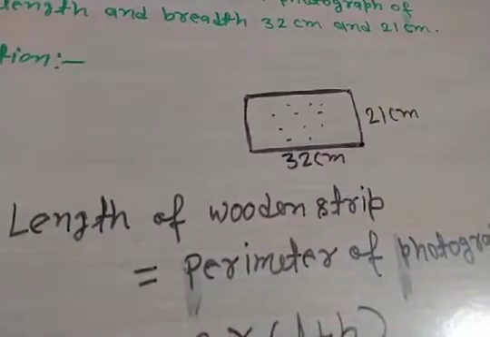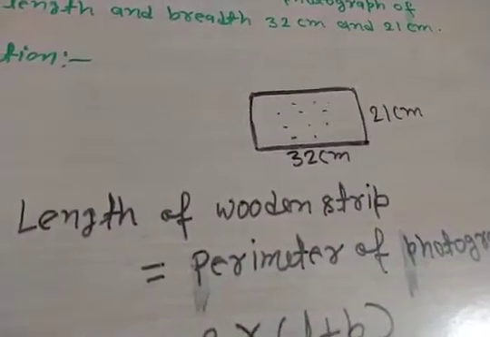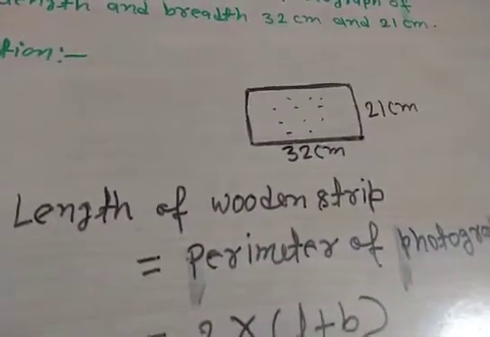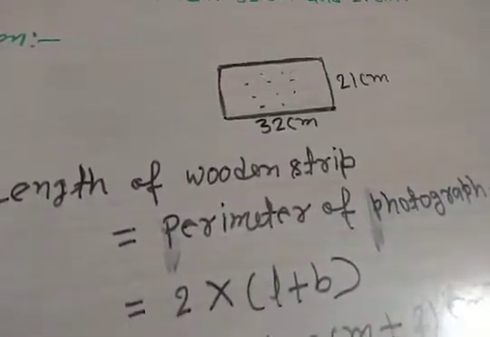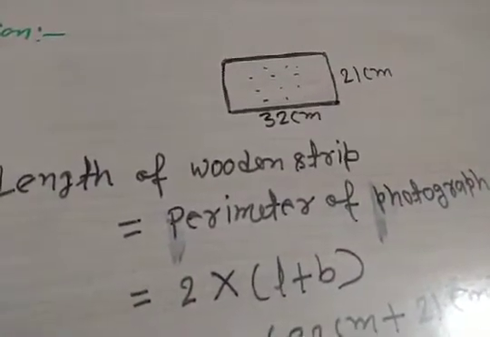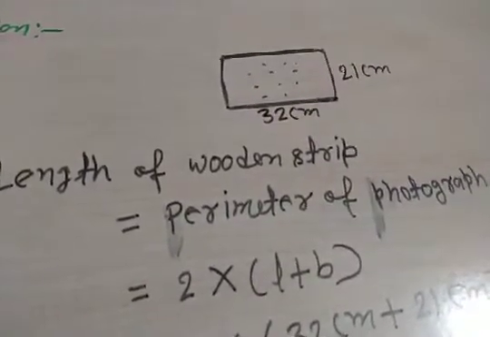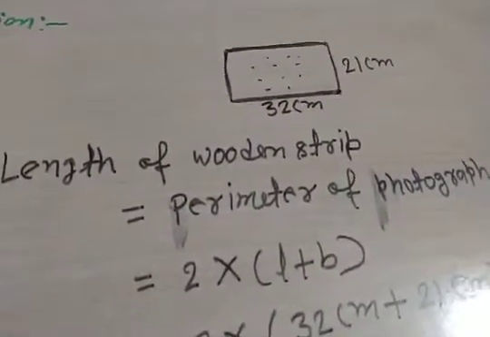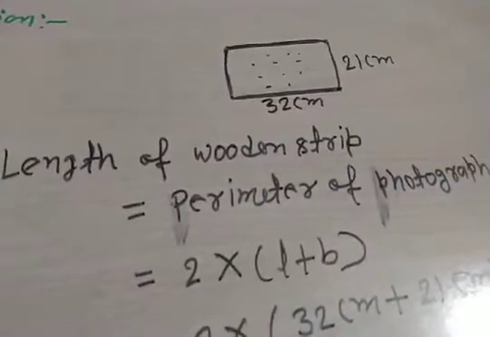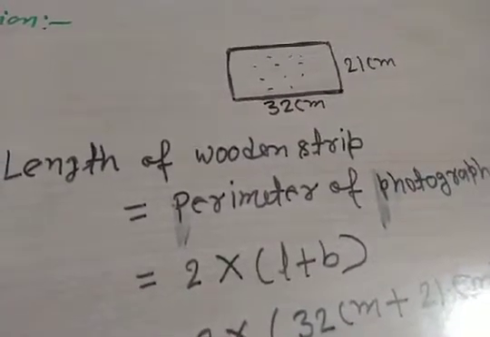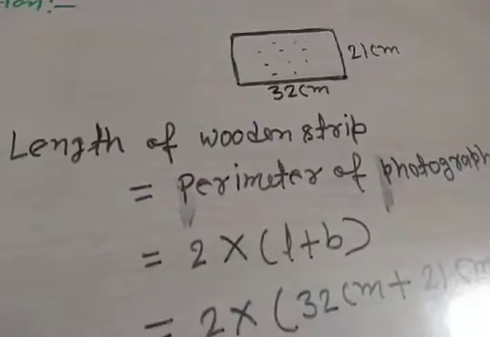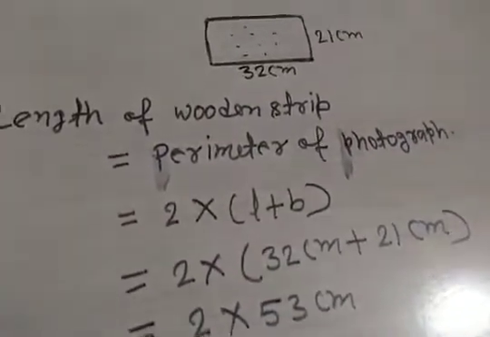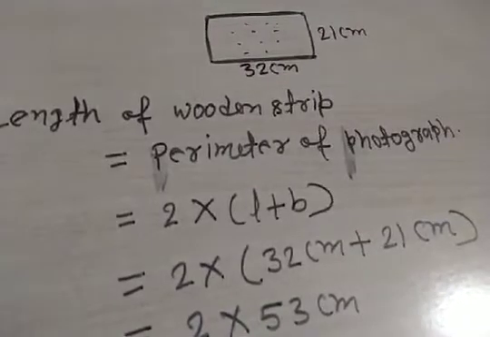The length of the wooden strip depends on the perimeter of the photograph. The photograph is in rectangle shape, so we use the perimeter of a rectangle. The formula is 2 into (L plus B), meaning L length plus B breadth. Here the length is 32 centimeters and the breadth is 21 centimeters.